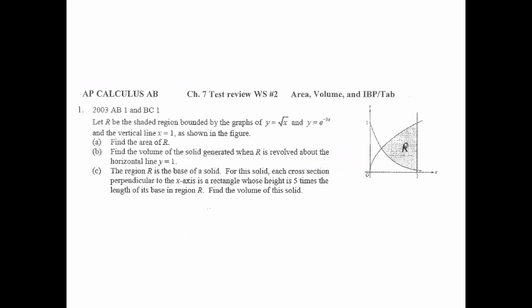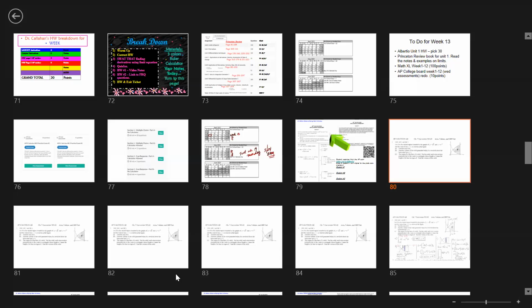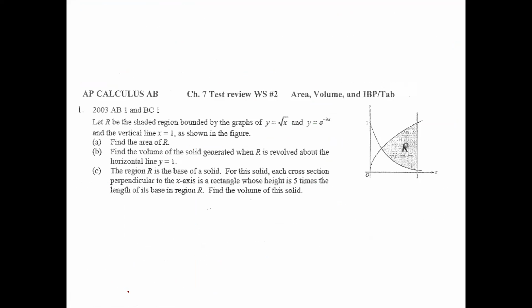Looking at this part right here, it's important that before you get started with this question you label the graph so you know which equation is affiliated with which. You know that the parent function of the square root of x looks like this, so I'm assuming this is y equals square root of x.